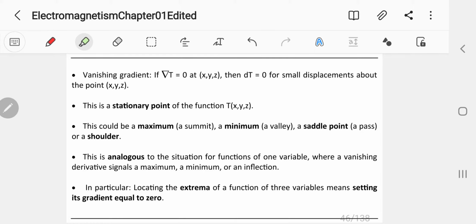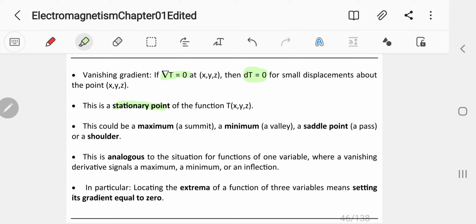So if you have a vanishing gradient, that is your del of T is equal to 0, then of course your total derivative would also be equal to 0. And this one is called a stationary point in the function T(x, y, z).